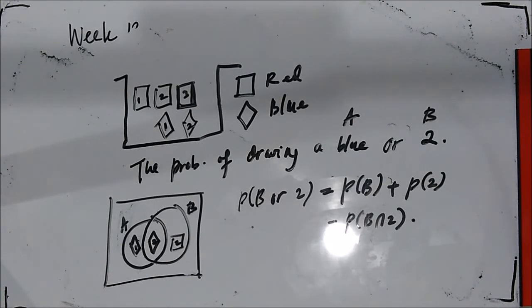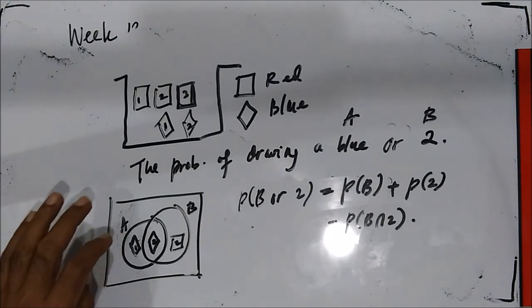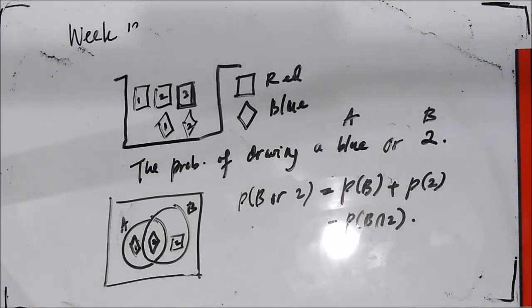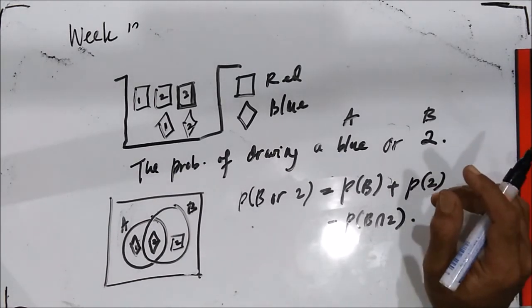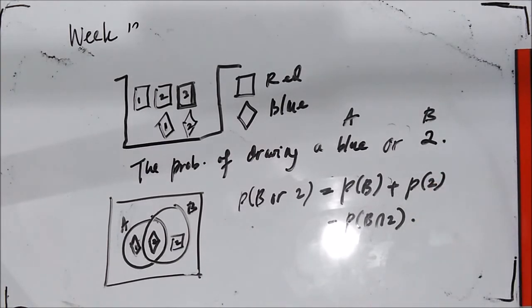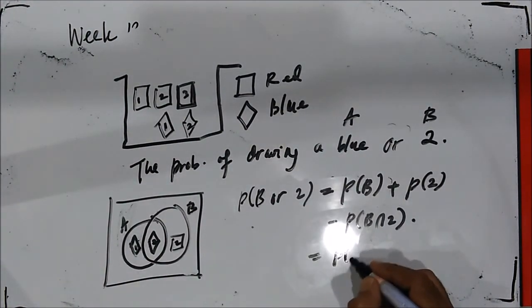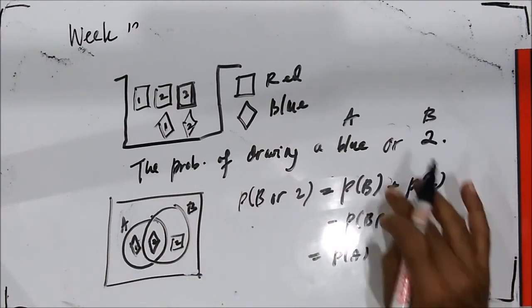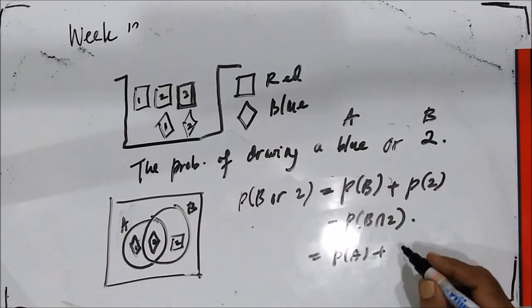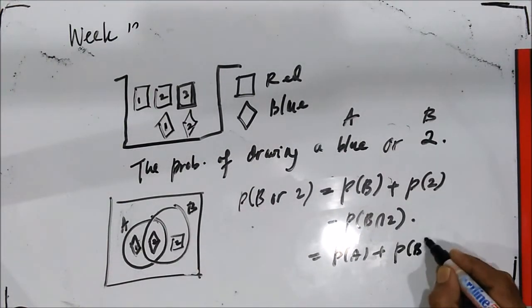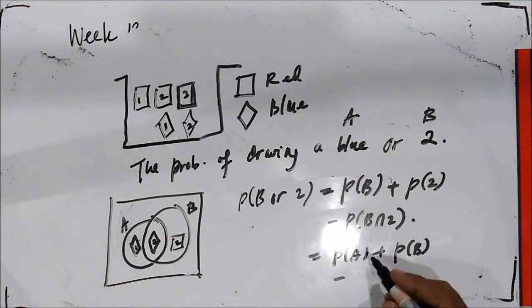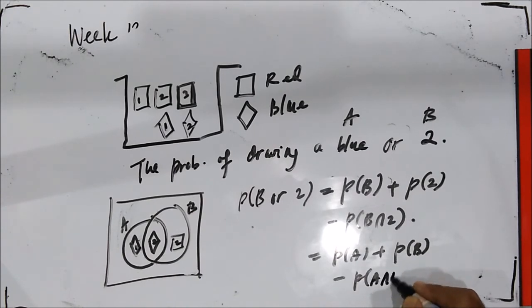For this case, the probability of blue is PA, plus the probability of 2 is PB, minus the probability of B intersect 2, which is the probability of A intersect B. So this will give me the answer.